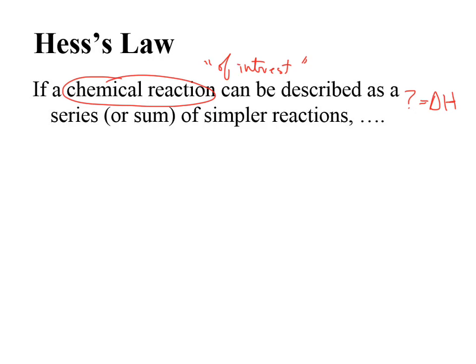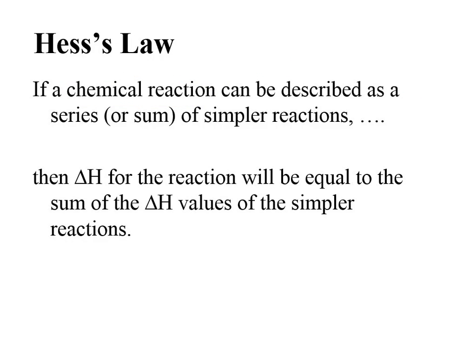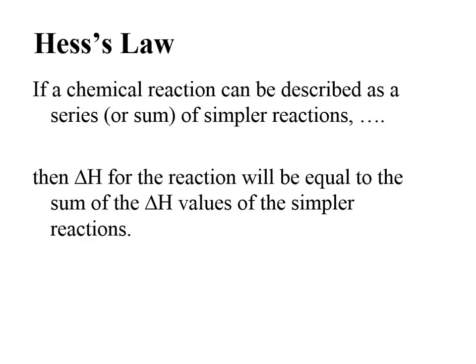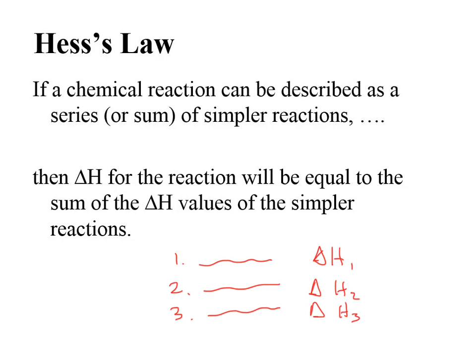To work this sort of problem, what you do know are sometimes called baby steps. I'll call this equation 1. You have a little equation 1, delta H1, a little equation 2, delta H2, and a little equation 3, and you know the enthalpies of reaction for those.